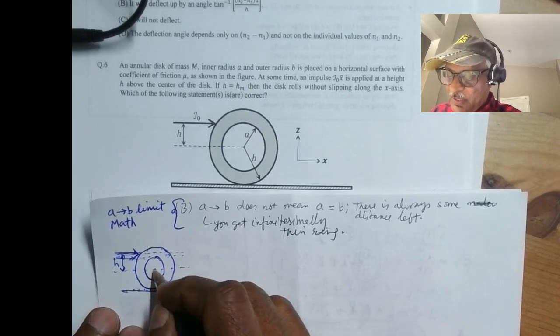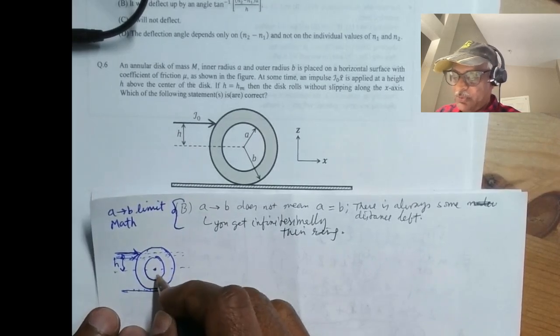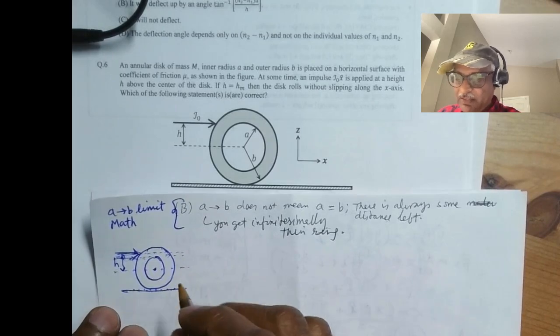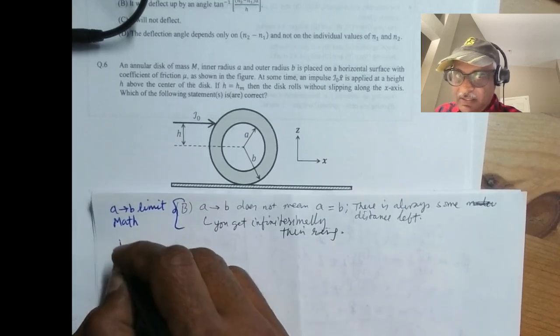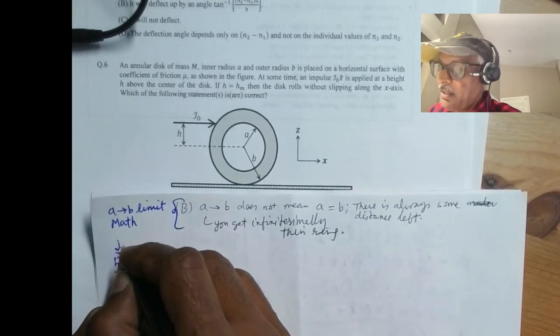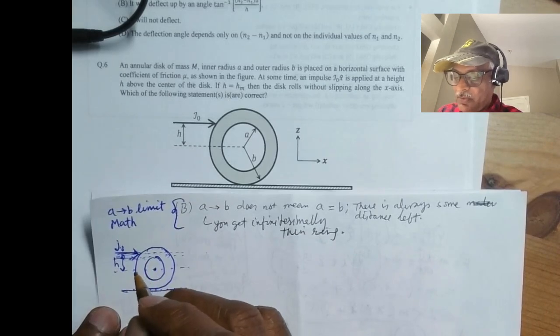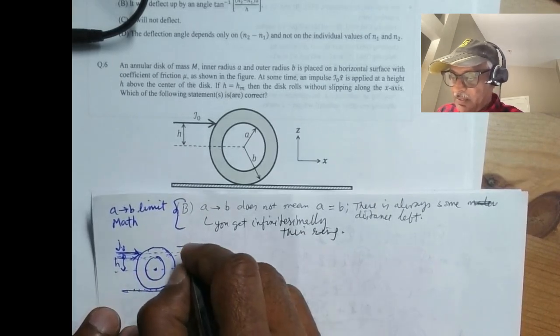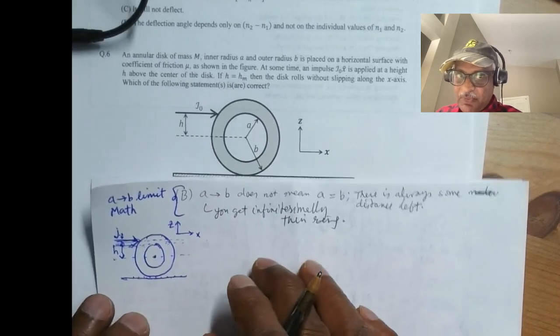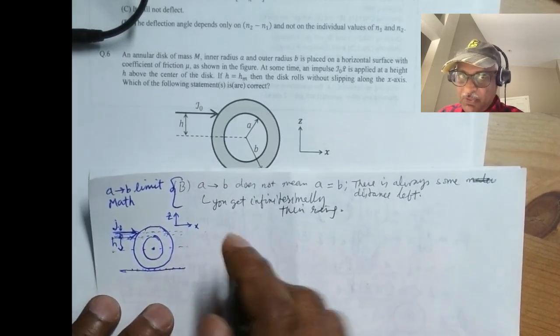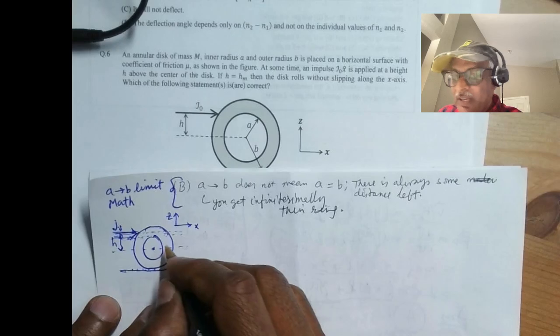So it will start to gain angular momentum, right? So if you look at it, it is a J0. This direction is X, this direction is Z. What it would do is like a collision.